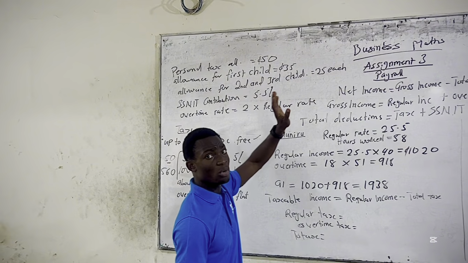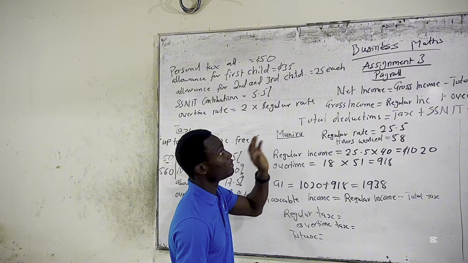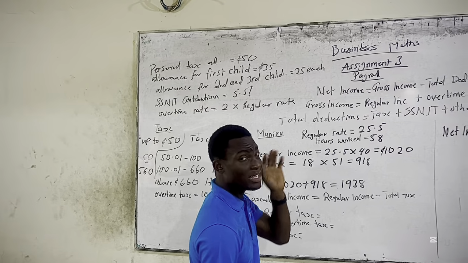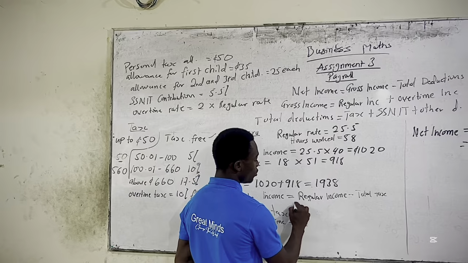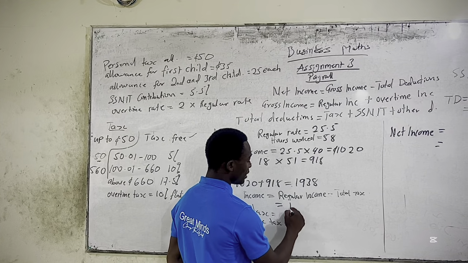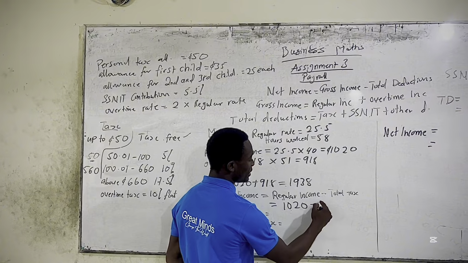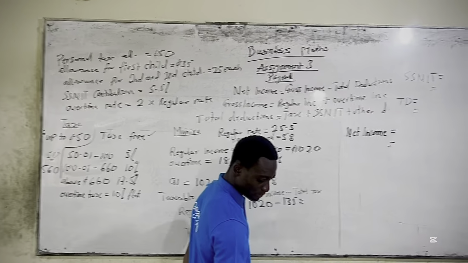So anyone who qualifies for all the allowances for their children and himself is going to have a total of 135 Ghana cedis. So the taxable income is going to be regular income 1,020 minus 135 Ghana cedis, which is going to give us what?